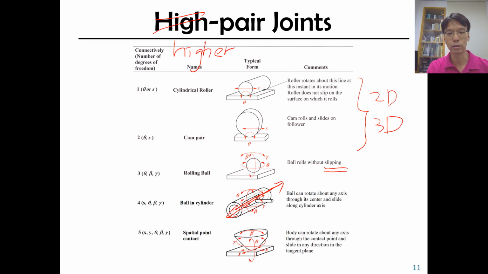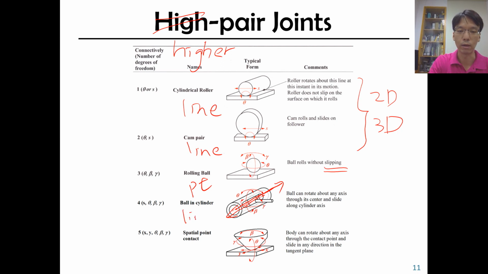And for the others, the first one is line contact, this one is also line, this one is point contact, and line contact. So they are all higher pair joints.